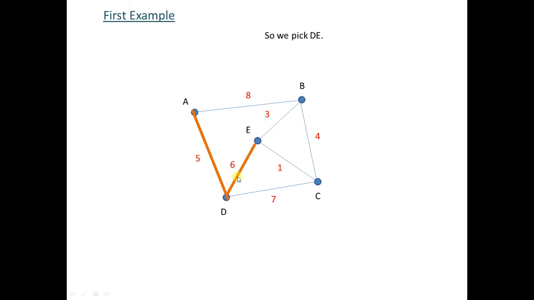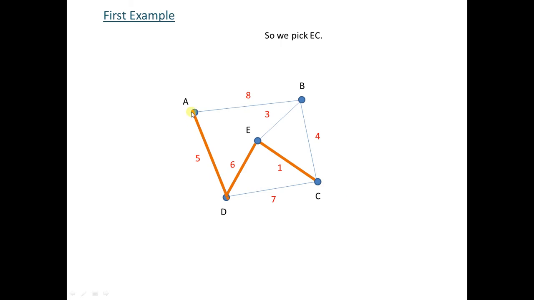Now you look at nodes A, E and D. Pick the arc with the smallest weight from those three nodes, which is this one here, E to C, of weight 1. Draw that in.